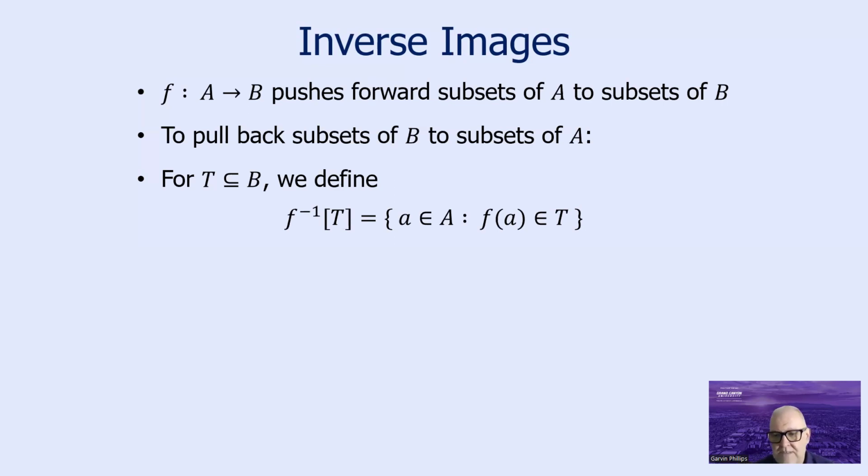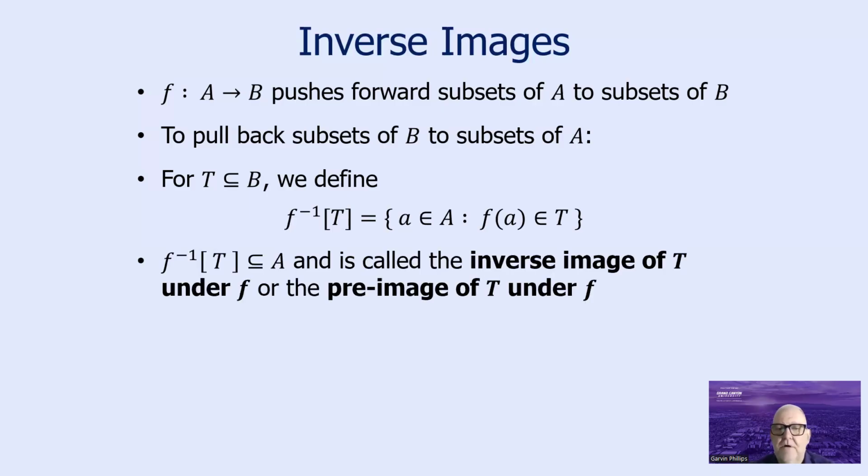That -1 is not applied to a number, that is applied to a function. So it's different than something being raised to a -1 power. We use that notation. It's probably not the best notation. So f inverse of T would be the set of a's such that f of a is an element of T.